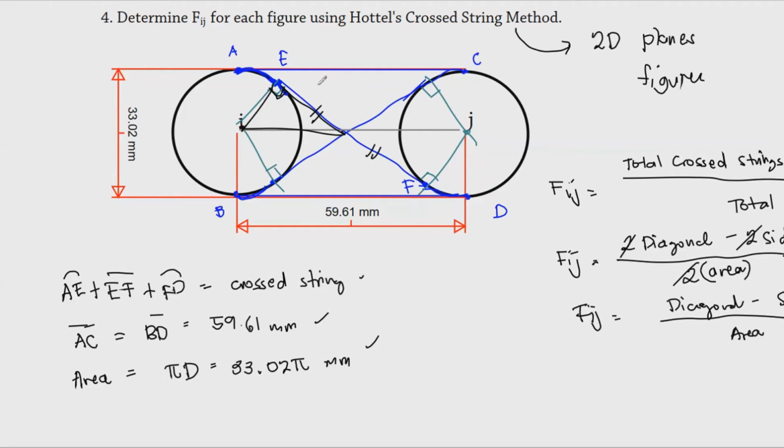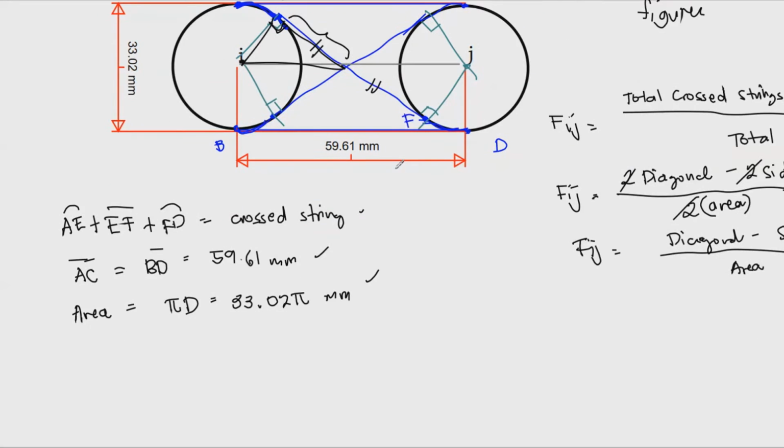What we need to do is to find this value here, the EF. To do that, let's try to find the value of this midpoint EF first. So from the figure, I can just take out this triangle here so that you can see it clearly. This is the 90 degrees and then this is the angle.